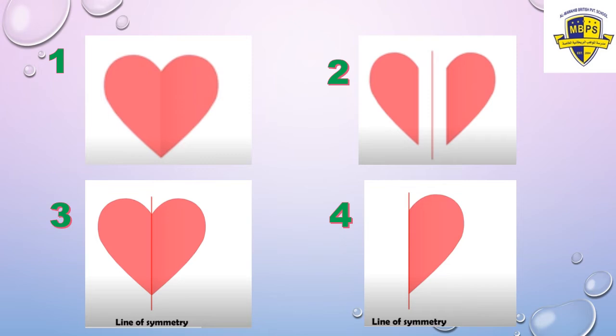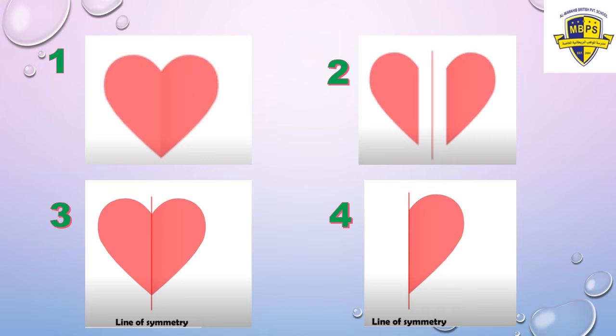See, you're going to first fold the heart in such a way that both the sides are the same. Like if you see picture number 2, the heart is divided into 2 parts where both the sides are the same, and the center line, the middle line that you see in picture number 3, that is the line of symmetry, and picture number 4.